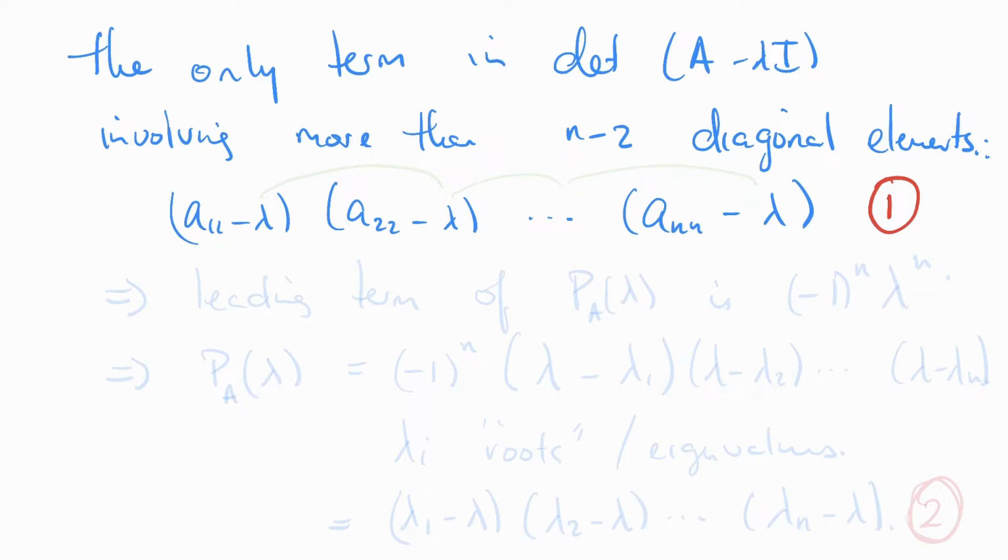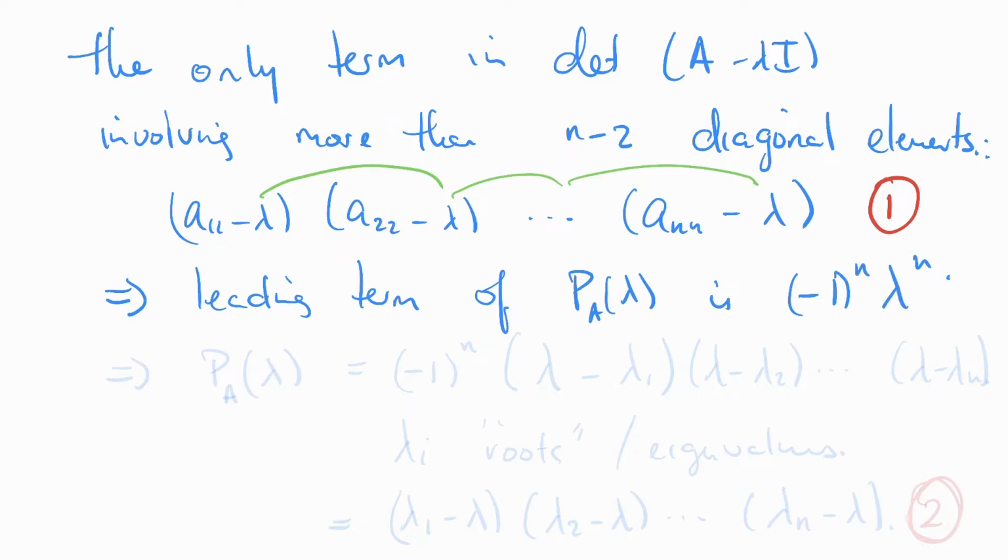Here's what I want you to take from this. The only way to get lambda to the n is to start here and multiply all of the lambdas, etc. So the leading term of this polynomial is going to be (-1) to the n times lambda to the n. This means that this polynomial looks like this.